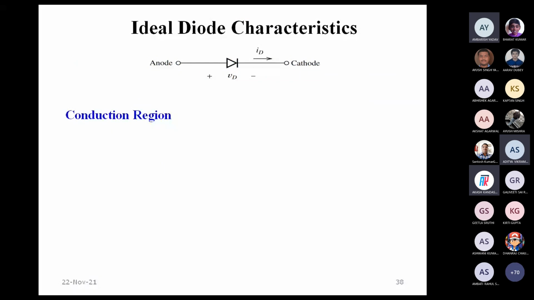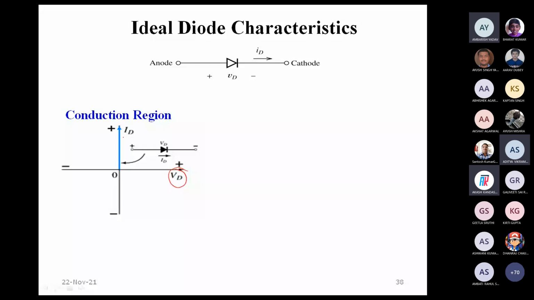Before proceeding, looking at this ideal diode characteristic, let us first look at this. Ideally, as soon as we apply a small forward bias voltage VD, there is a huge current.